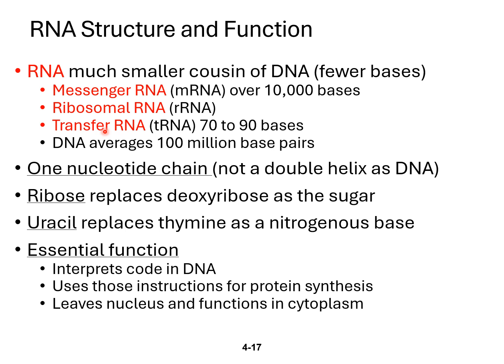And transfer RNA is the type of RNA that brings amino acids to the messenger RNA and the ribosomal RNA to be added together by a peptide bond. RNA is just one strand of nucleotides, not a double helix. Ribose replaces deoxyribose, so it just removes an oxygen from the sugar. And uracil replaces thymine.